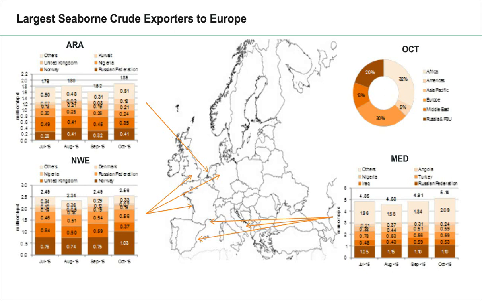Our flows tracking allows us to look at the largest exporters of crude into Europe, and this highlights that while North Sea and Russian grades remain largely favoured for baseload capacities, lighter West African and Middle Eastern grades were keenly consumed by refiners looking to produce more gasoline for export during the summer. They took advantage of higher production in the Middle East and Asia's shifting appetite to and from some West African grades.